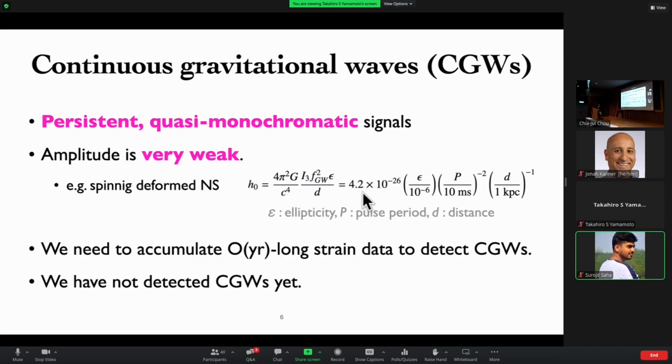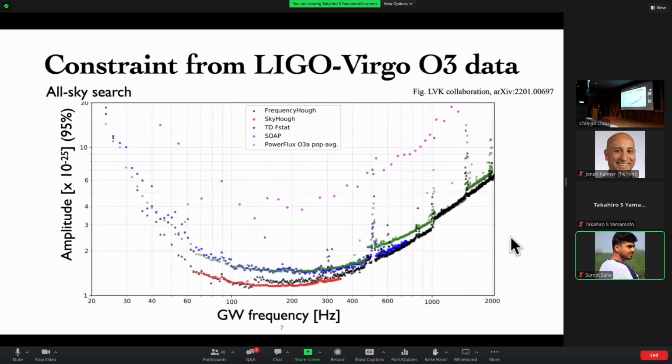To detect such a very weak signal, we need to use order year-long strain data and accumulate them. So far, we have not detected continuous waves yet. So instead of a discovery of continuous waves, we have a constraint on their amplitude.